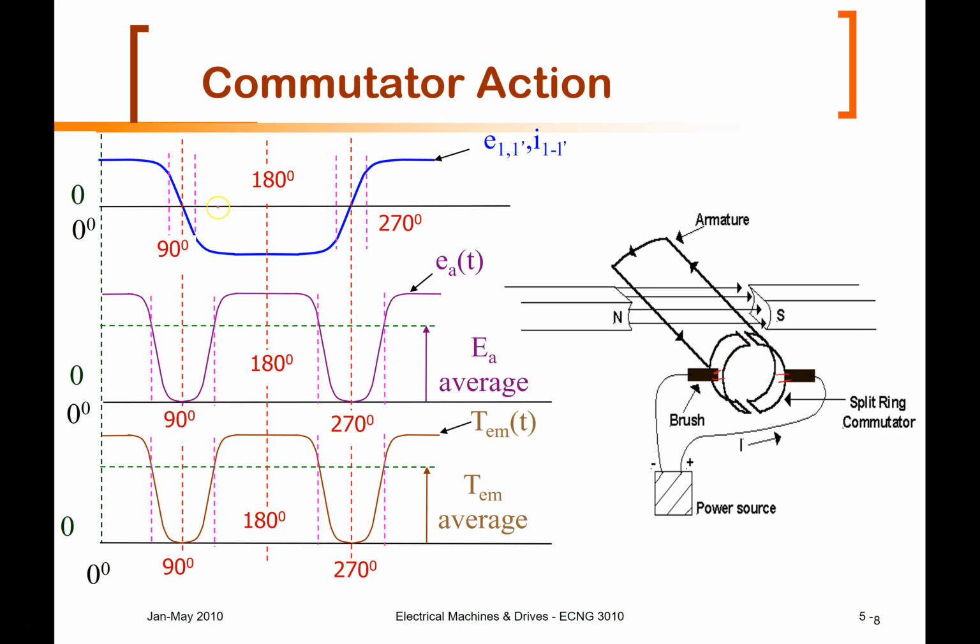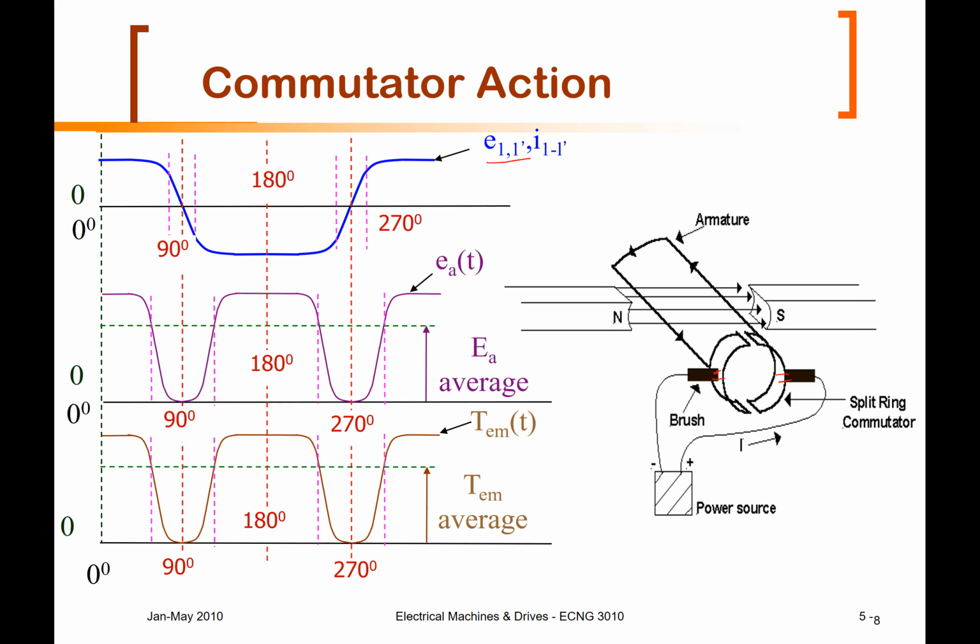When that happens, the winding is shorted, you get no current, so you have no voltage across 1 and 1 prime, and no current from 1 to 1 prime. And then when it crosses the gap, you have the current going the other way. So instead of going into 1 and coming out of 1 prime, it goes into 1 prime and comes out of 1, and then the gap is reached again, and the windings are shorted, and then it reverses.